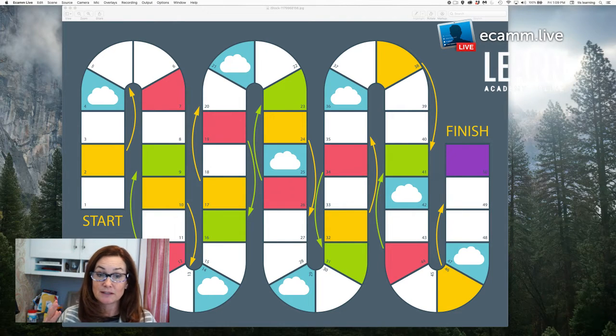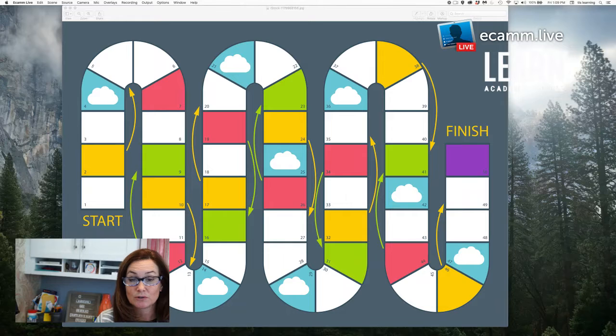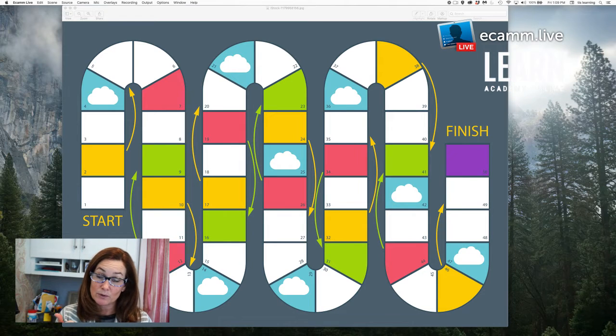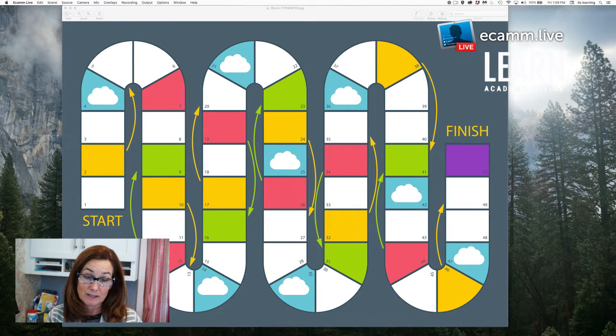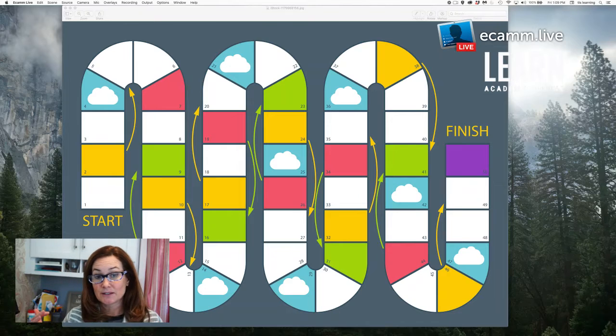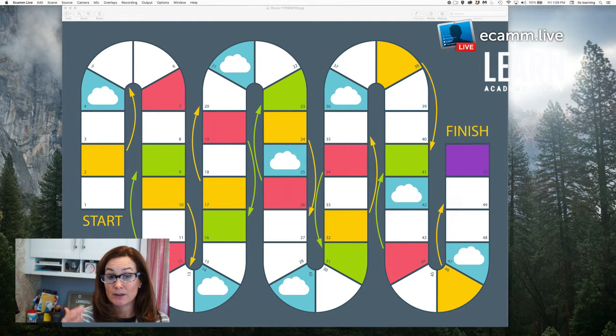There's a really strong strategic intent to creating a game, which means that there's rules for playing, right? So there's rules you follow or rules that you don't follow. There is a specific way that they want you to go through this path. There is a fast way to win and there's a slow way to win, right? So all of these things are thought about ahead of time when you're thinking about creating a game or gamifying an experience.